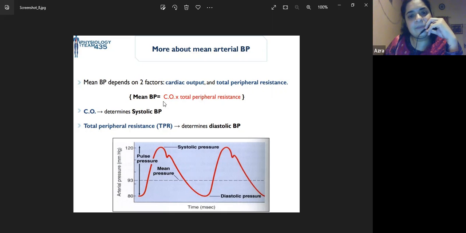Mean BP is equal to CO multiplied by total peripheral resistance. CO determines systolic BP, and total peripheral resistance, TPR, determines diastolic BP.